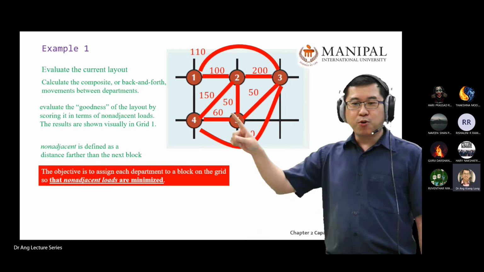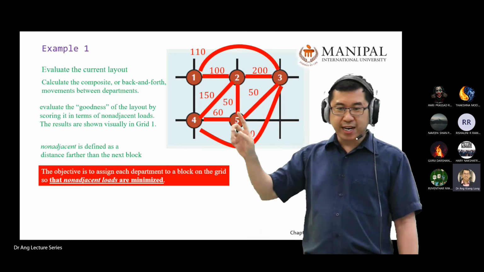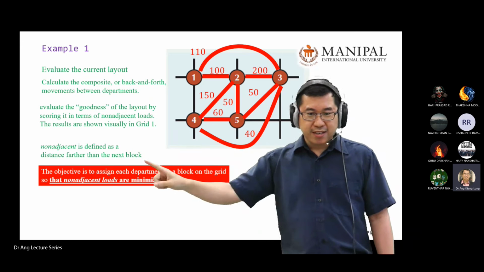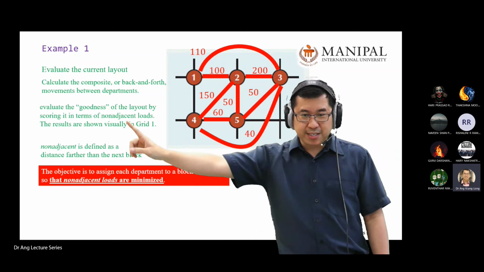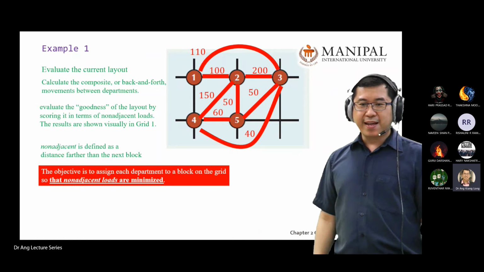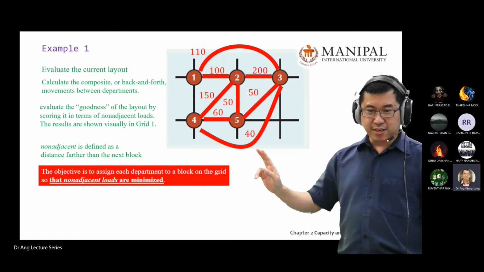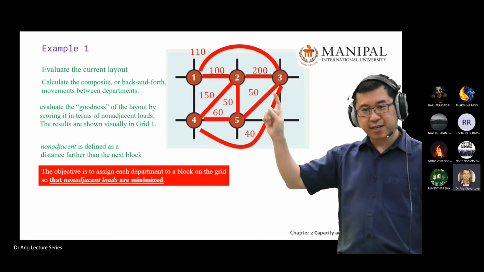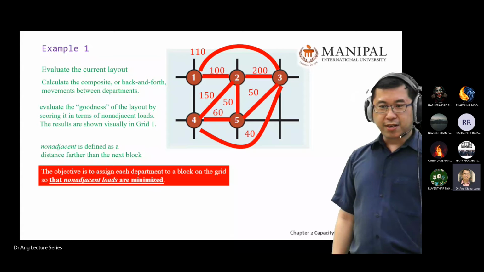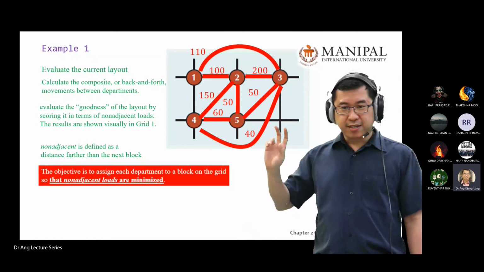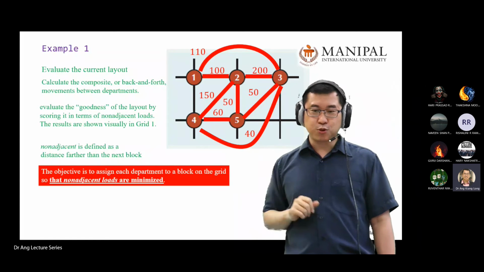How can you move these points so that they become adjacent loads, and you eliminate the need of jumping across the station? Of course, you can move around the other 2 and 5 also if you want.